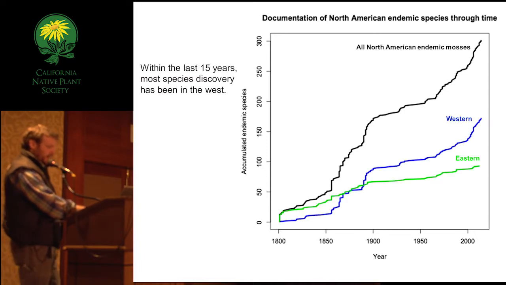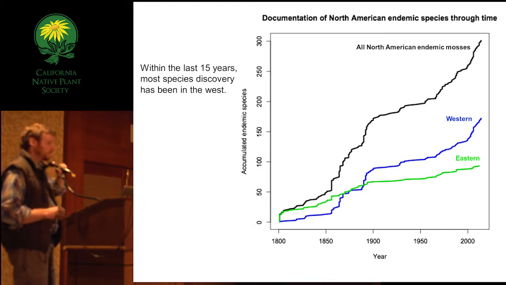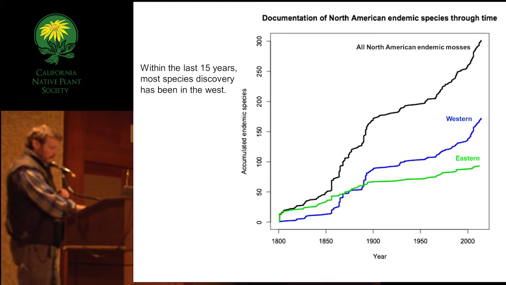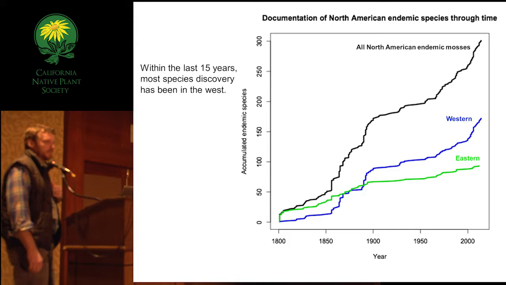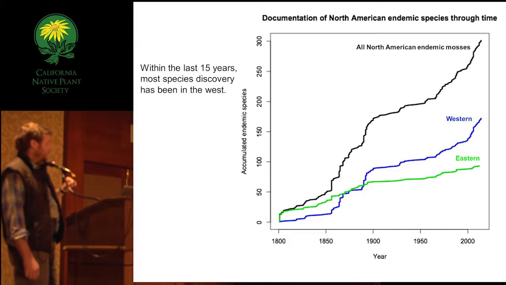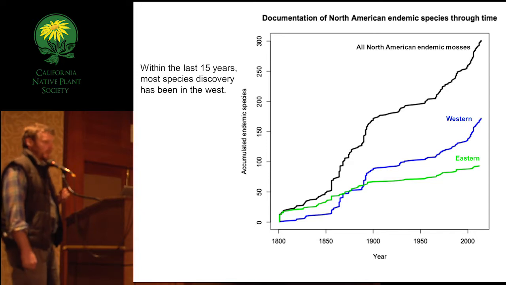And you can see that this is not just a straight slope; there are some humps and bumps in there. A lot of that is explained if you take the Western North American mosses and the Eastern North American mosses apart. The Eastern North American mosses just gradually curve up. It's definitely not a plateau, but it's drifting off.